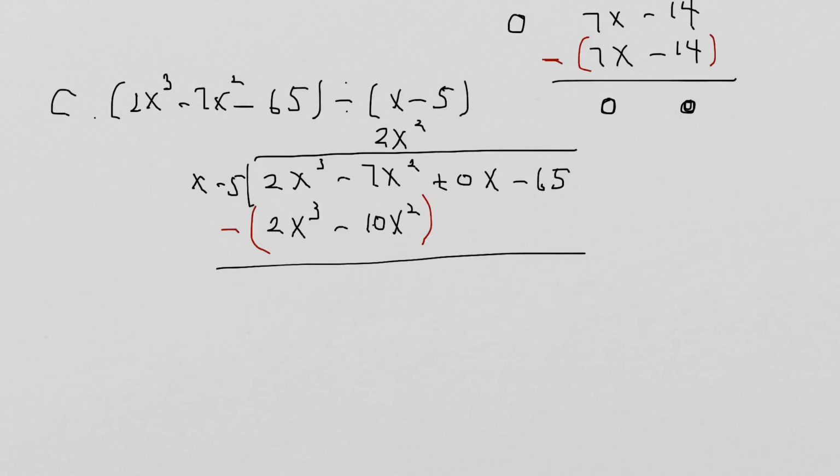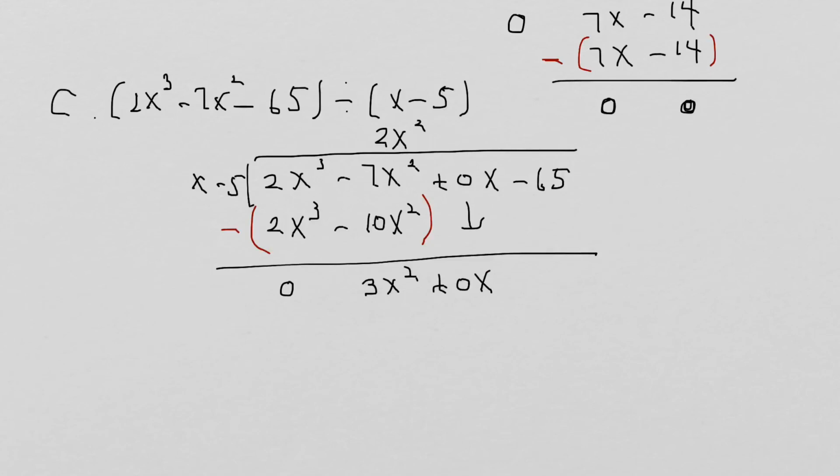So when you subtract, you get 0 from x cubed. You get positive 3x squared. Don't forget you're subtracting: negative 7 minus negative 10. And then when you bring down the next digit, you have plus 0x.